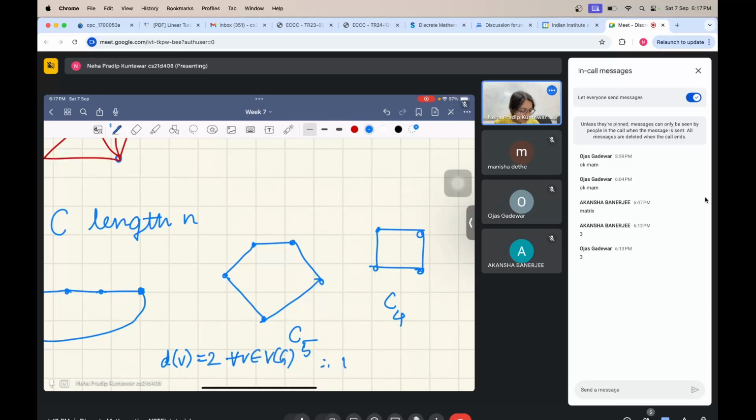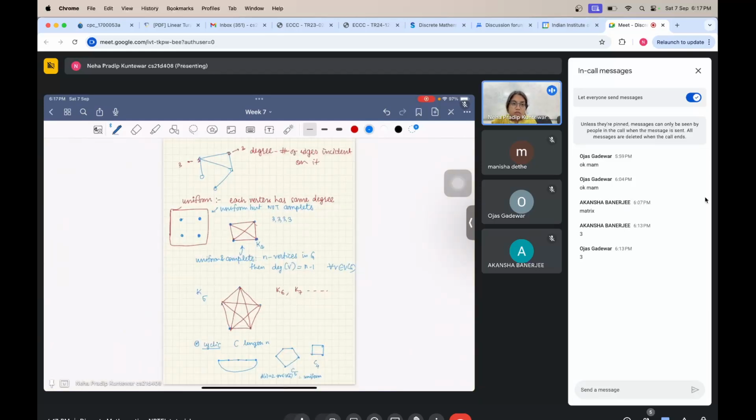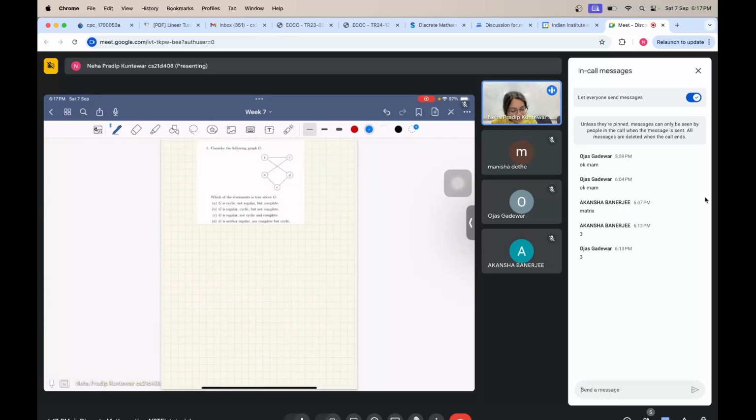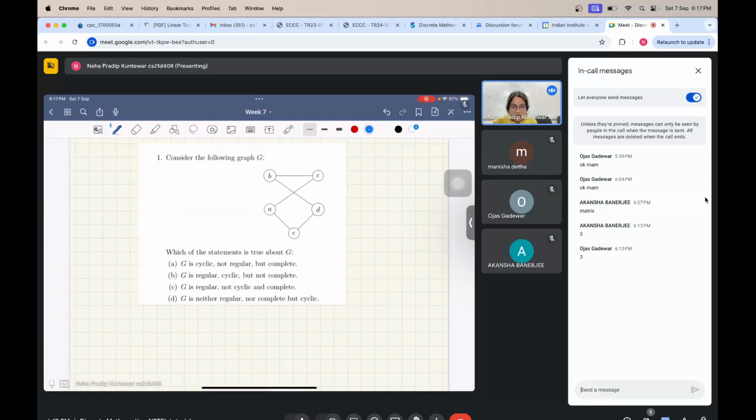Therefore, it is uniform. But it need not be complete. So, now that the definitions are clear, maybe try this example. You're given this graph and you want to tell whether the graph is cyclic, regular, complete, or so on.